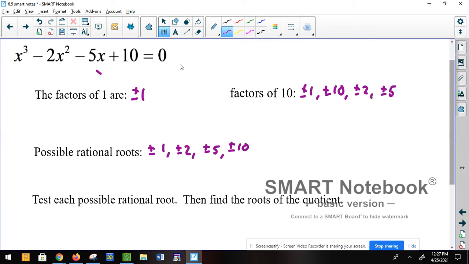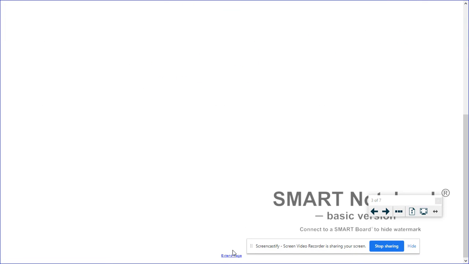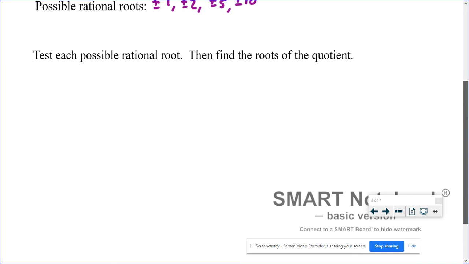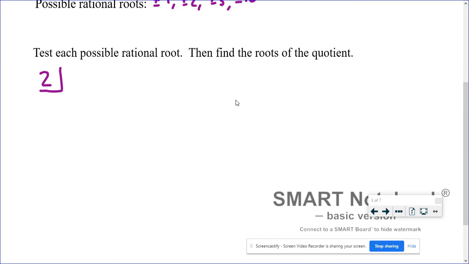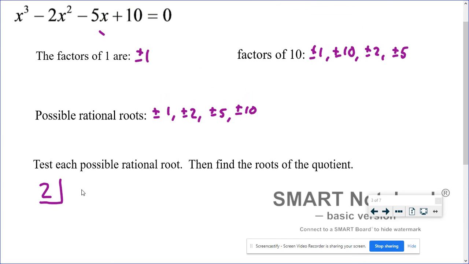So we're going to put 2 in the box, and then the coefficients go 1, -2, -5, and 10.